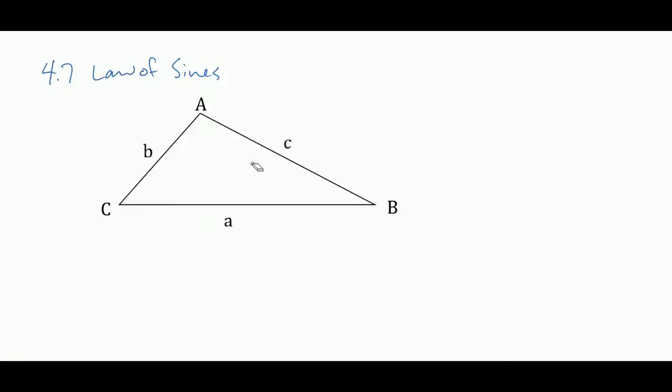Even though we're dealing with a non-right triangle, there are a couple of things we can still use. We obviously can't use the sine, cosine, tangent that came from SOHCAHTOA because we don't have a right triangle. We do know that angle A plus angle B plus angle C is still going to equal 180 degrees, still a triangle.